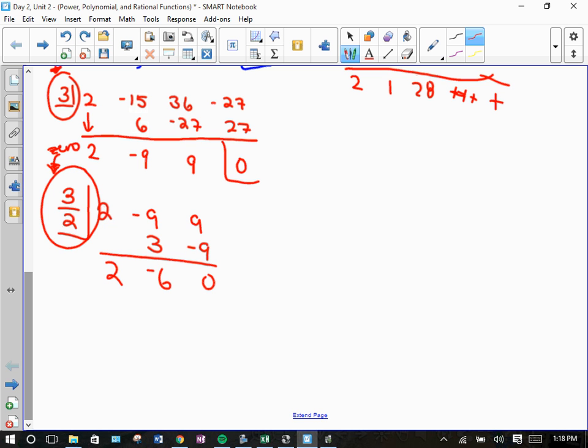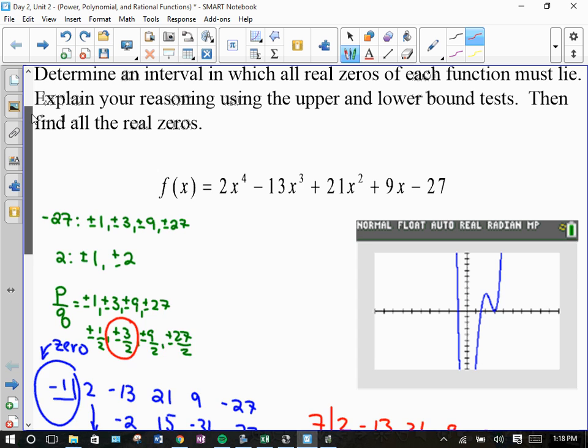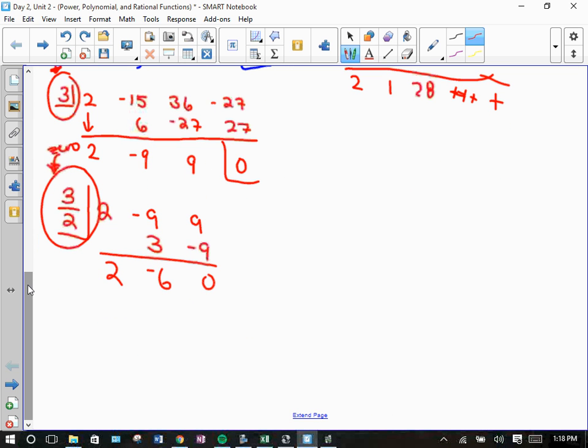Alright. And we know this should have how many zeros? 4. How do we know that? Because the highest exponent is 4, therefore it has to have 4 zeros. Not invisible, and we'll talk about that. Imaginary zeros come in pairs. You can't have one imaginary zero, you can't have 3 imaginary zeros, you can only have 2, 4, 6, 8.